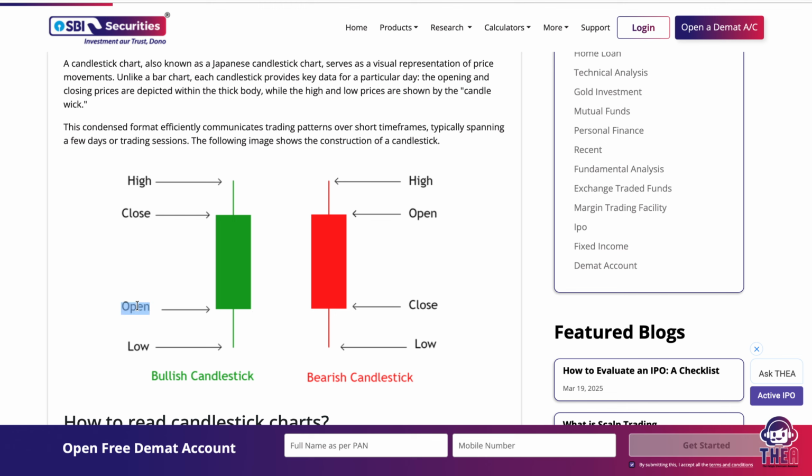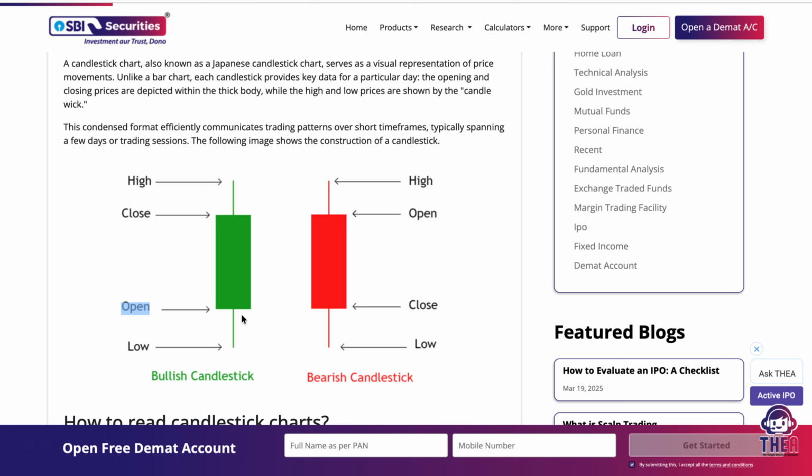As I said, in our previous example, this open is 25,500 and this close is 25,600. As open is lesser than close, or close is more than open, it is a green candle. And within the day, what we discussed in this case is 25,650, and similarly on the lower side 25,450.